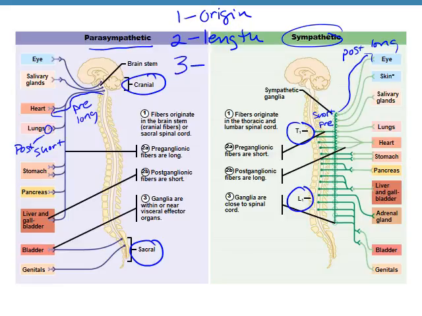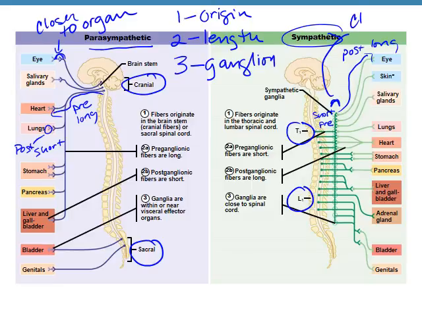The third was the location of the ganglion. Here, where's the ganglion? Right? It's the area where the two neurons meet, or a collection of somas. It's closer to the organ. Here's the ganglion. It's closer to the spinal cord.